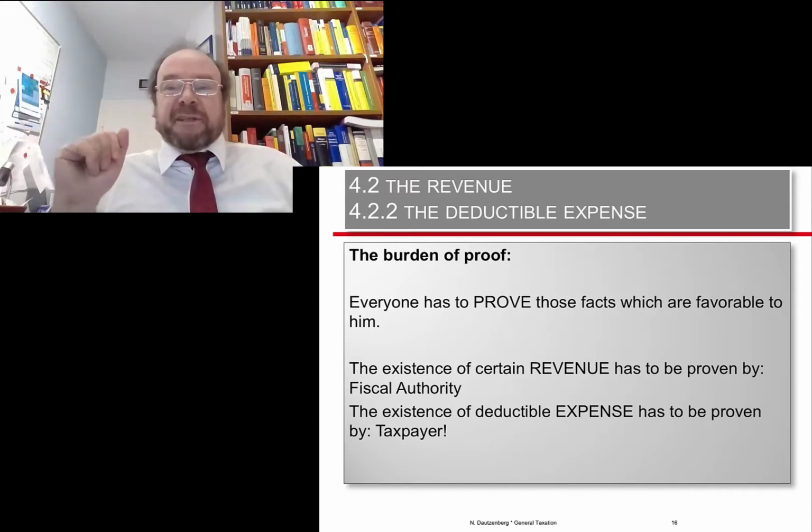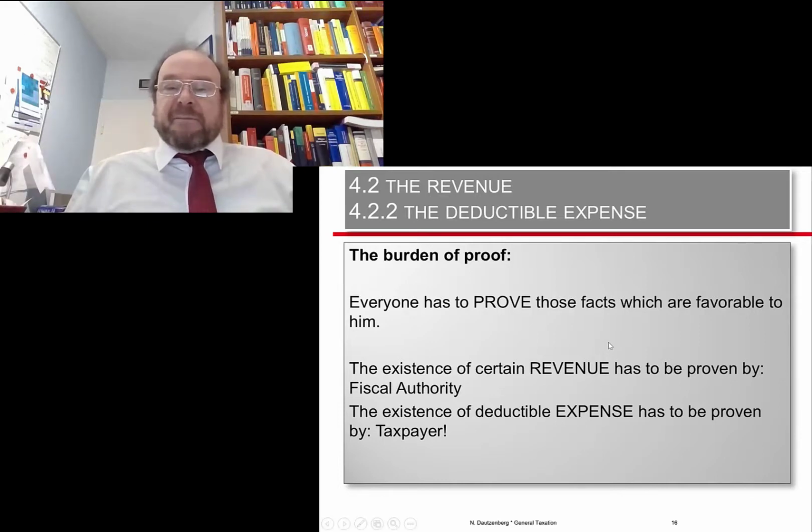And if you bring forward that was income-related expense, then you have to prove beyond reasonable doubt that the expense was motivated by income-related motives and that there was either no private consumer-related motive at all, or that it was absolutely not material, not important.